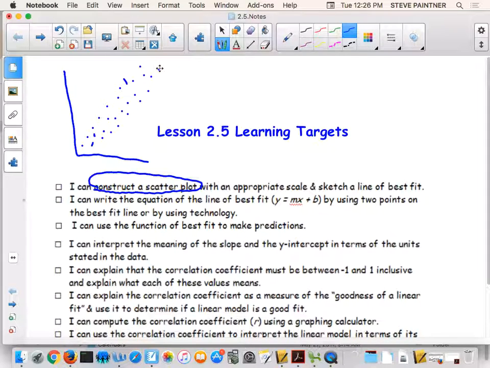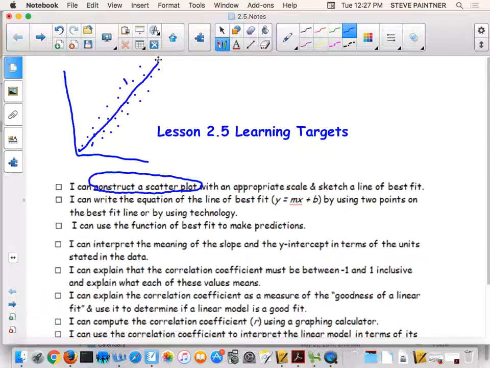They're not going to form this beautiful line, but guess what? There will be a trend line, that's what they're going to call it, a nice trend line that you should be able to fit right through the center of all those points. So once you make that trend line, our job is going to be write the equation to that line.